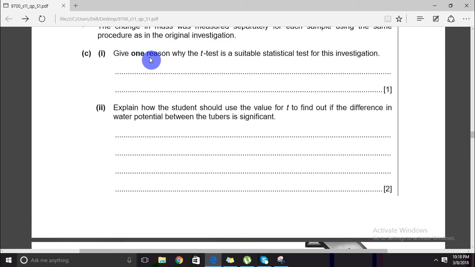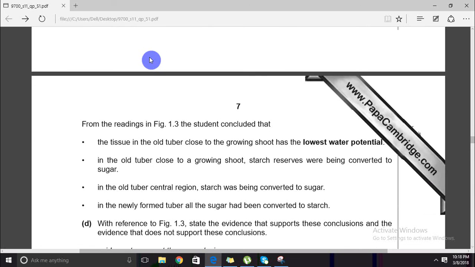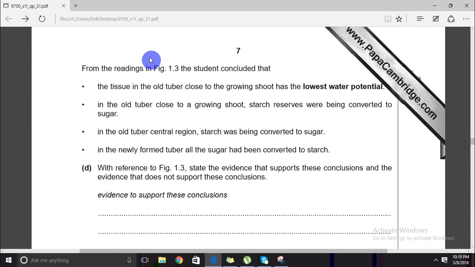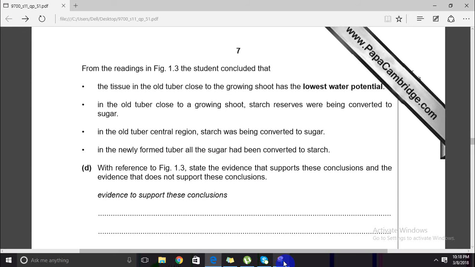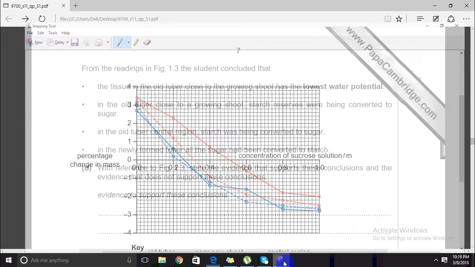The differences in the water potential of tubers is significant. And from the readings in figure 1.3, the student concluded that the tissue in the old tuber close to the growing shoot has the lowest water potential.